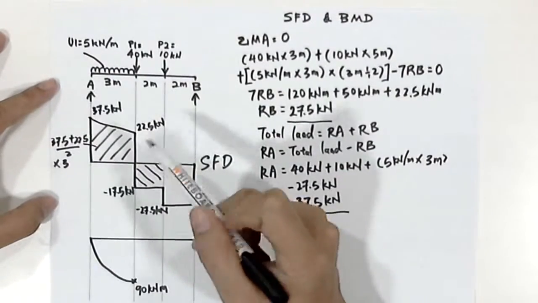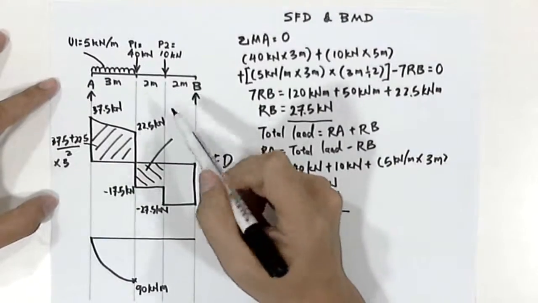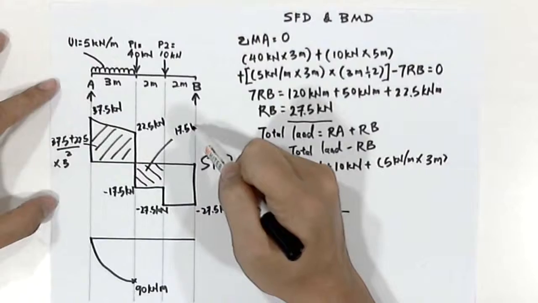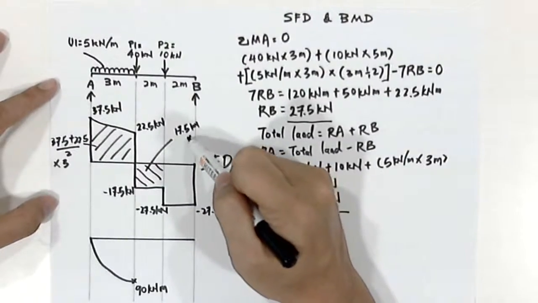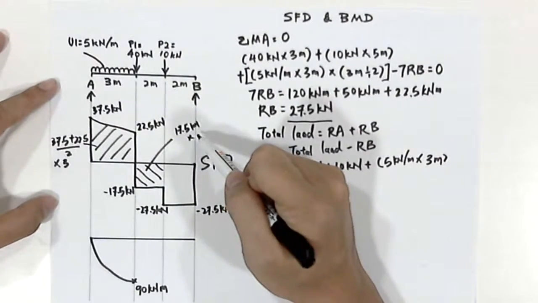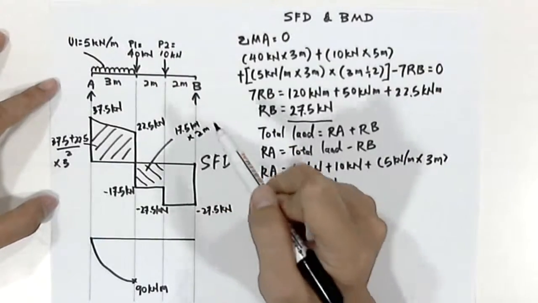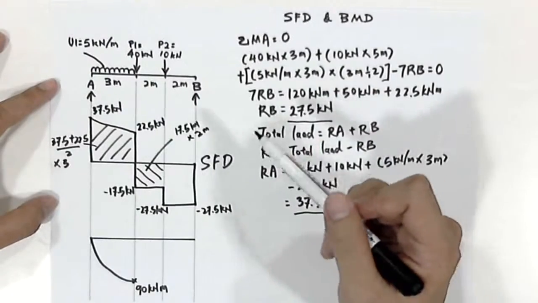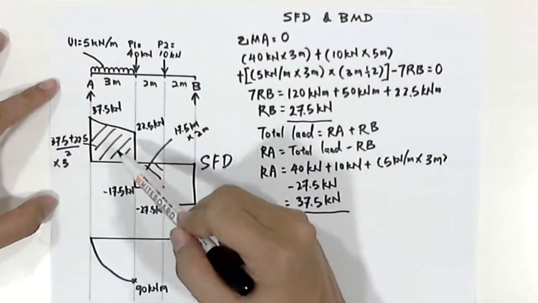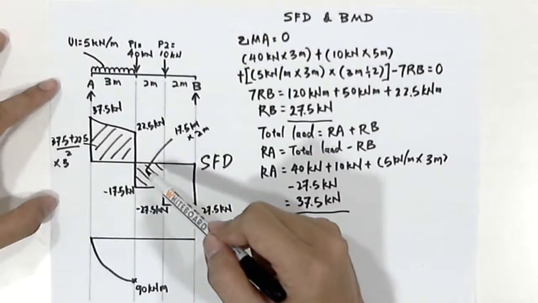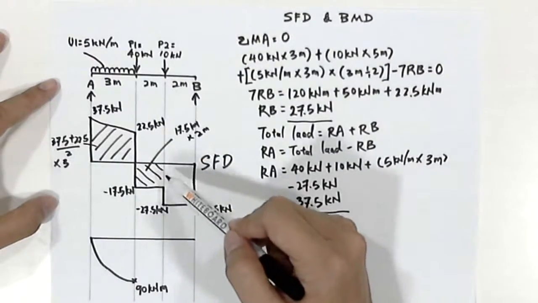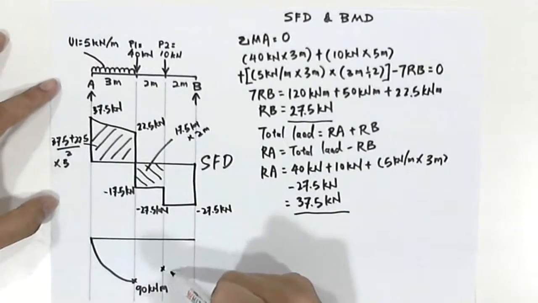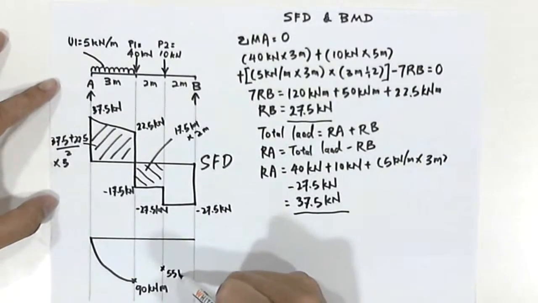We calculate this area, which is 17.5 kilonewton times 2 meter. So what we'll have here is that the total area deduct the new area will get a value of 55 kilonewton meter.